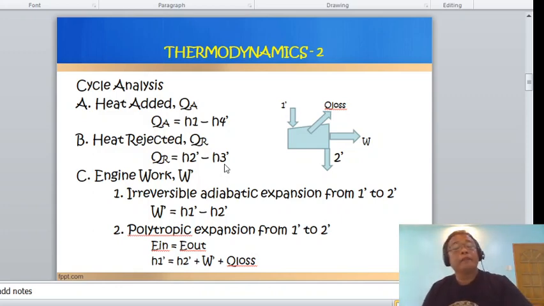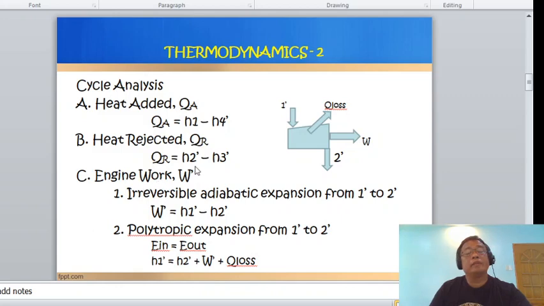Another is the engine work. So you study this, class. If you study this, you can easily identify the difference between the cycles.